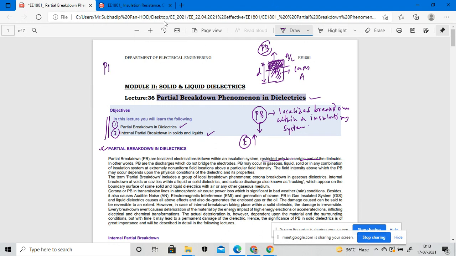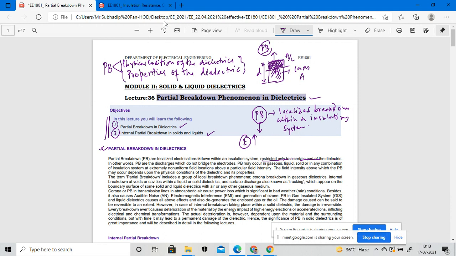The partial breakdown will occur only when these conditions are satisfied. Before the partial breakdown process, we need to check two things: the physical condition of the dielectric, and the properties of the dielectric.